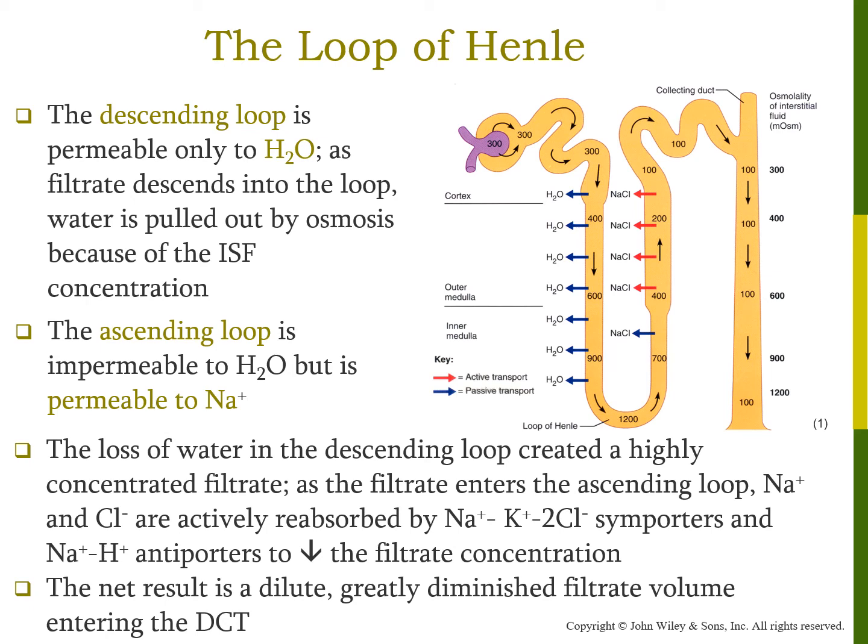And as the filtrate becomes more concentrated from the reabsorption of water in the descending limb, this also promotes the passive reabsorption of sodium chloride in the thin portion of the ascending limb. But again, in the thick portion, this is secondary active transport through the symporters. The net result is a dilute, greatly diminished filtrate volume entering the distal convoluted tubule.